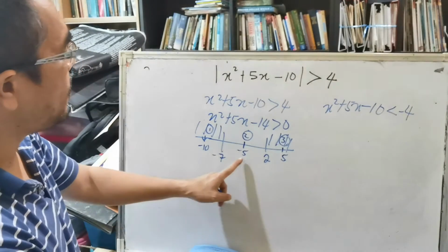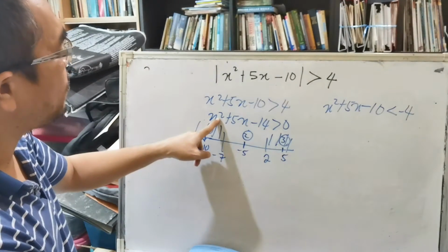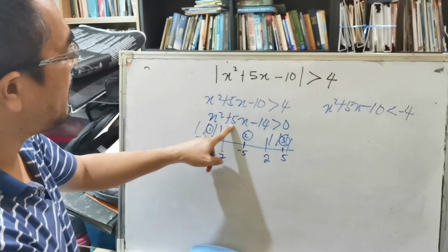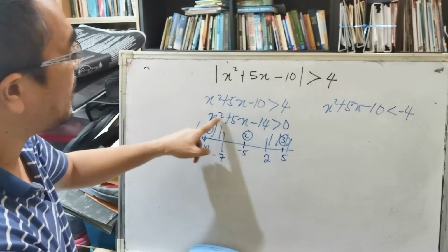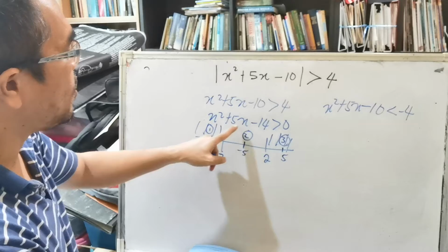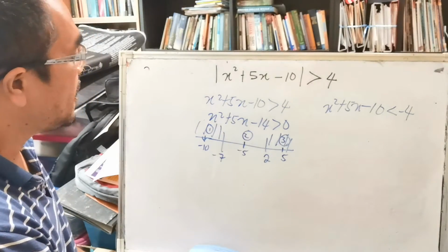So let's try with negative 5. If you replace negative 5, you get 25 here, then you get also negative 25. 25 and negative 25 will be 0. Negative 14 larger than 0 is not true.